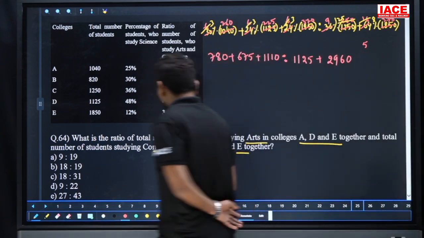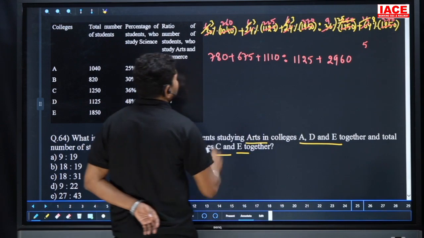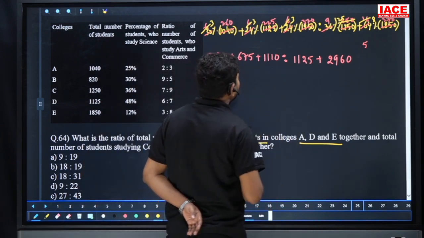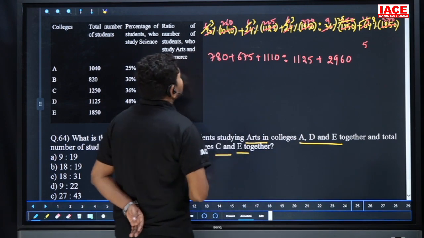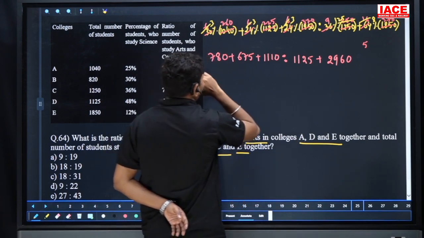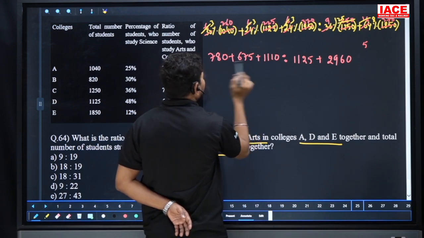So add all the values, here 780 plus 675, 1110 and 1125 plus 2960, again it is cancelled with 5, cancel with 5 again, otherwise add it directly.